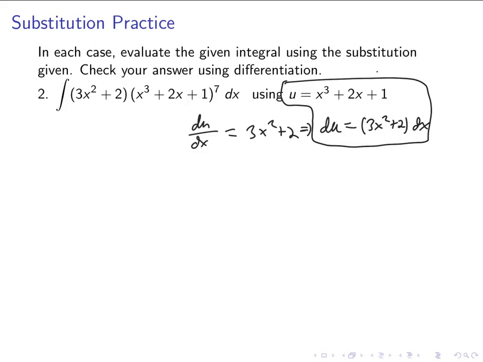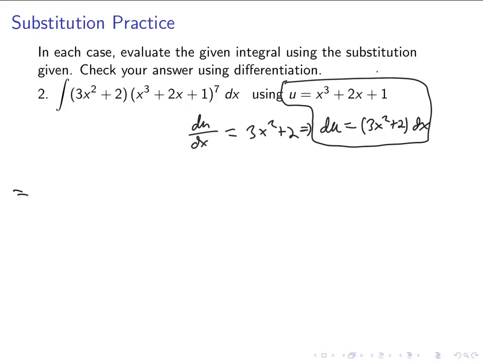And so now my goal is to write this integral in terms of only u's and du's. So let me first, well, actually, let me just rearrange it. That makes sense to do first.